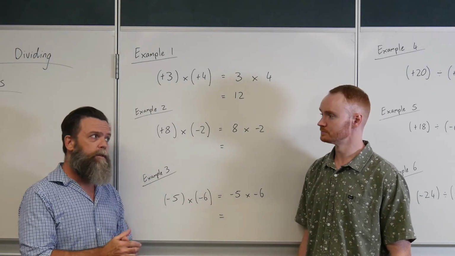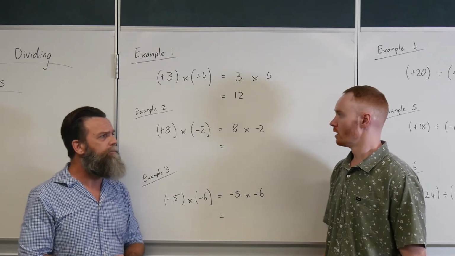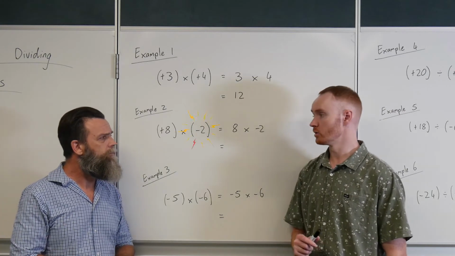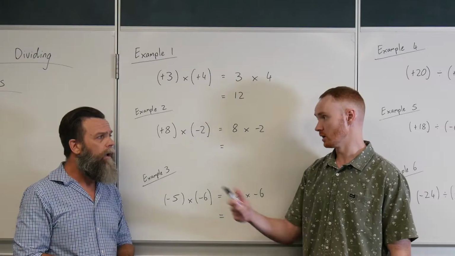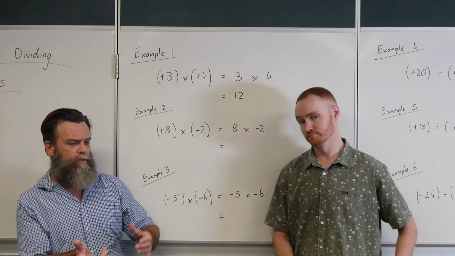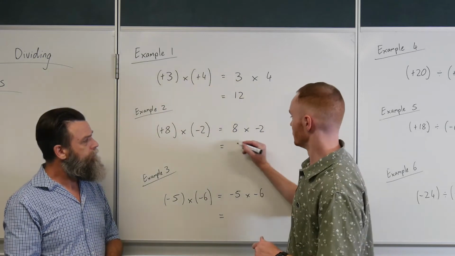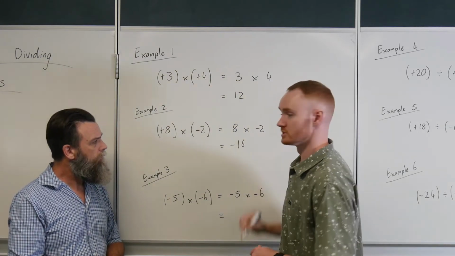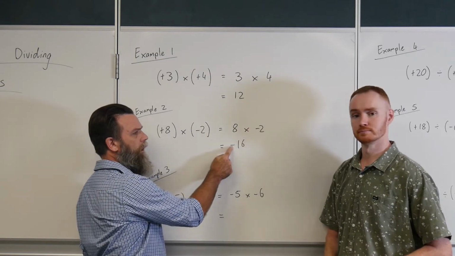So I know the answer is going to be 16, but there's a little bit extra to this. What's the extra bit? Well, seeing as we've got one negative value, we end up with a negative integer. So a positive times a negative gives us a negative answer. Exactly. So we get negative 16. Fantastic. So if the signs are different, our answer is negative.